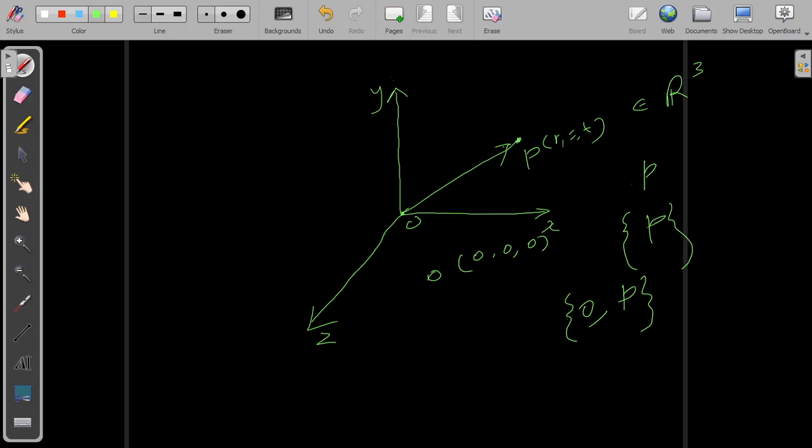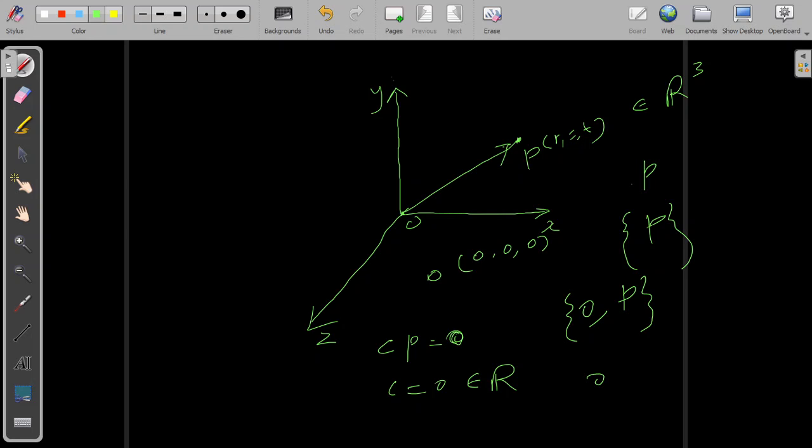How can you prove that? Because c times P equals O, where c is any scalar, which belongs to R, the set of real numbers.